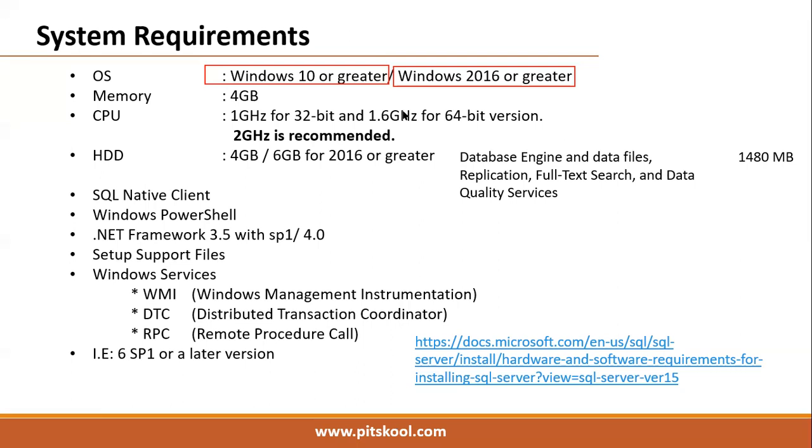Check here. Memory is at least 4 GB. Not compulsory, but best practice: at least a minimum of 4 GB should be there. CPU speed is 1 gigahertz for 32-bit, but today we have 64-bit only, so 2 gigahertz is recommended.